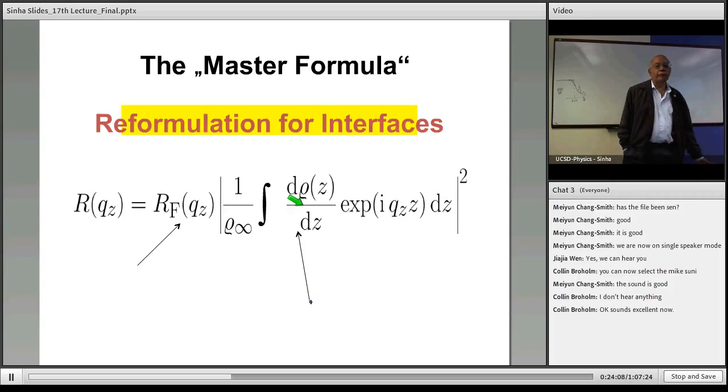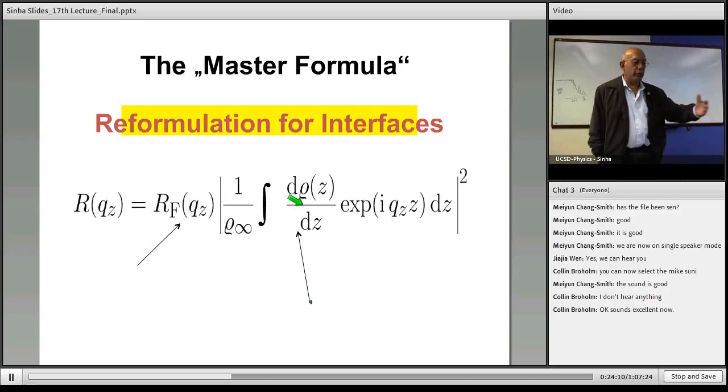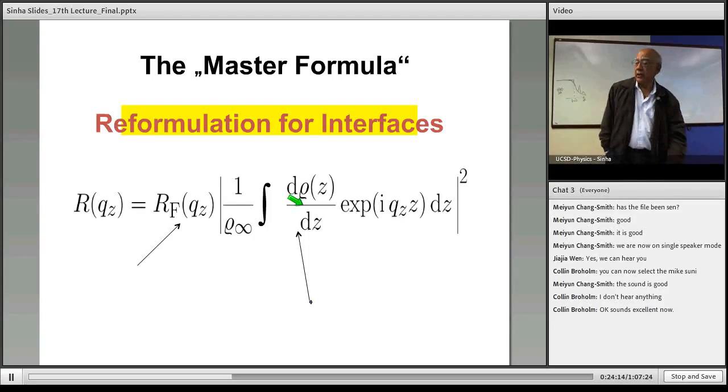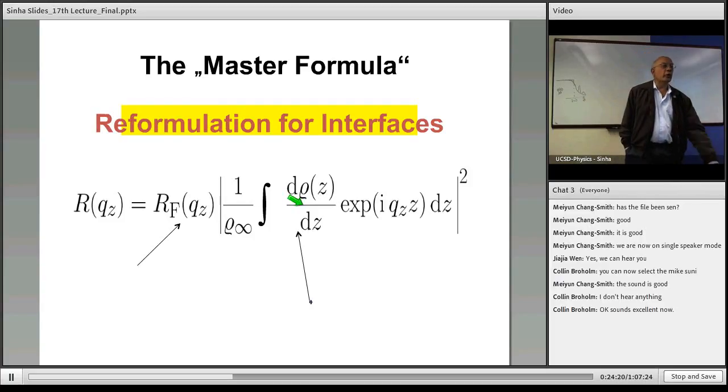A simple Fourier transform would yield directly the density profile. Unfortunately, nature is not that kind to us, because it gives us the modulus squared that we observe. And as you know, this usually means we are missing phase information. The phase of the reflectivity is not measured, only the intensity.